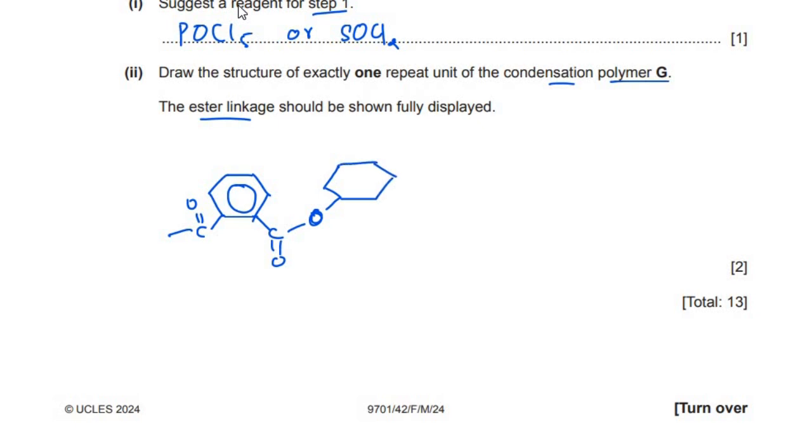Now remember, this second ring is not like benzene, it should not have an aromatic ring inside. So this is how I'm going to draw the one repeat unit of the condensation polymer G. Here is one extended bond and here is the second extended bond, and this is the one repeat unit. Now I've drawn the double bond O on the top, but you can draw it down here, because here I've written it down. But yes, this is the repeat unit, and here we end with question 4.